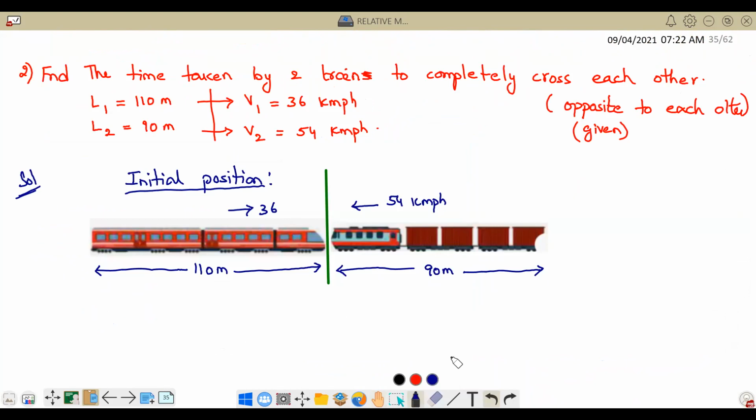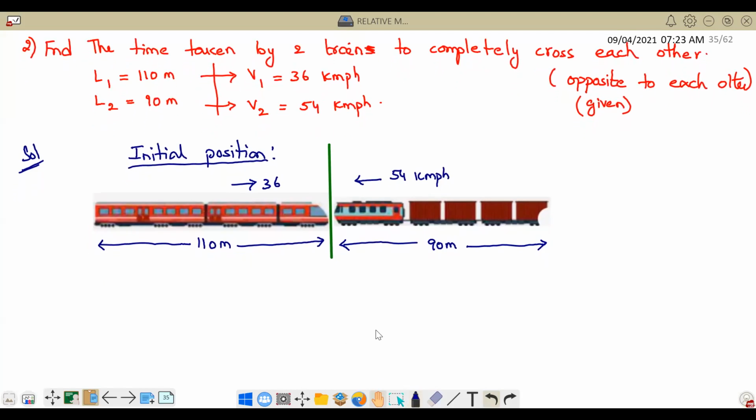If you stand on the ground frame and solve this problem, you may get it by the normal method, but it's very difficult as you go further. When you practice the relative motion concept from these simpler problems, even if the problem is difficult, you can still apply it. So practice relative motion concepts. For this it's not required, but I'm telling you. So let us solve it by relative motion concepts.